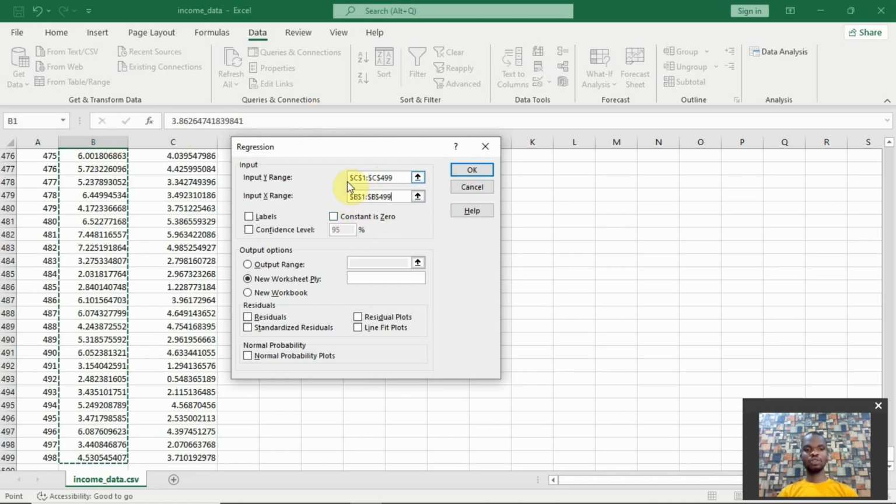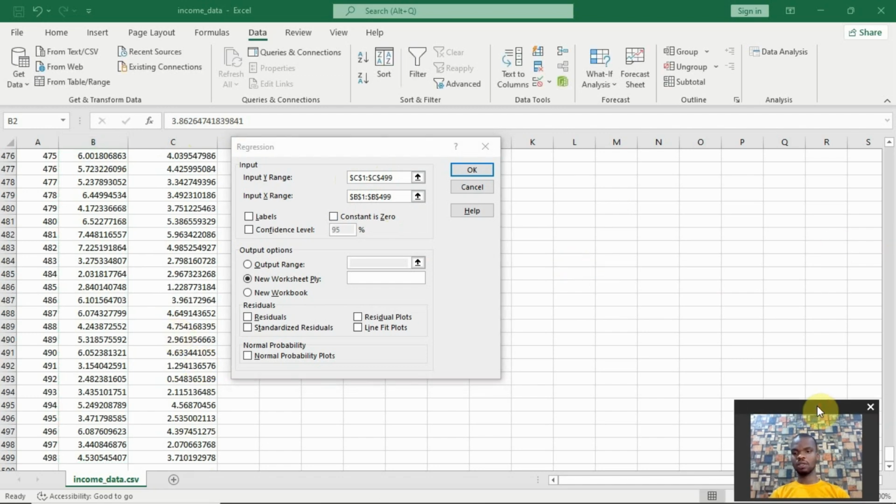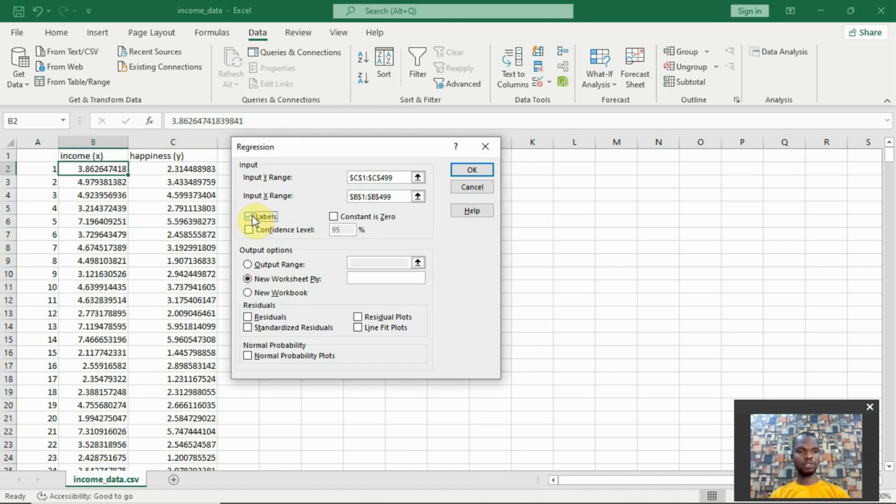Now, because I included my headers in my selection, I would have to ensure that I tell the regression window or the regression solver that I have included labels. Okay? Otherwise, it's going to flag off an error.